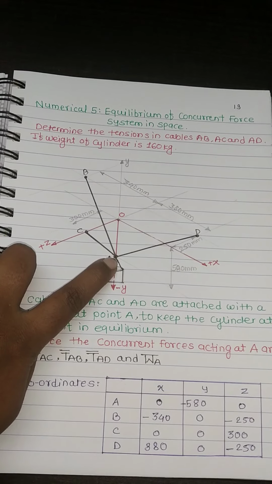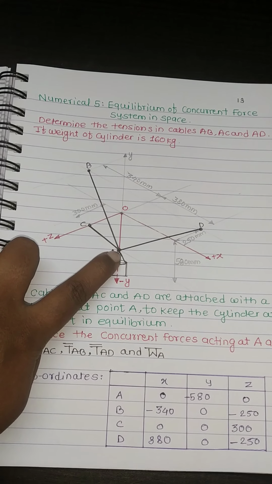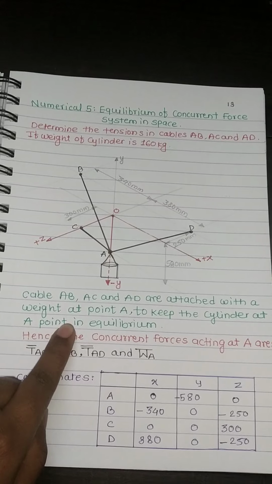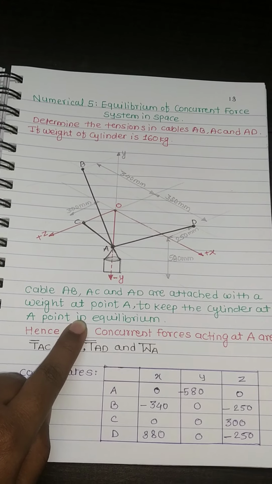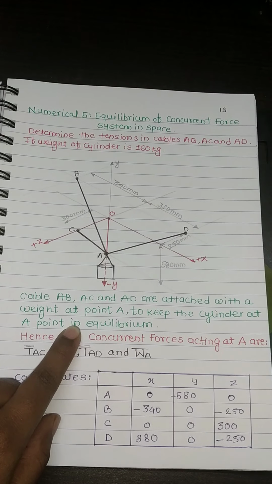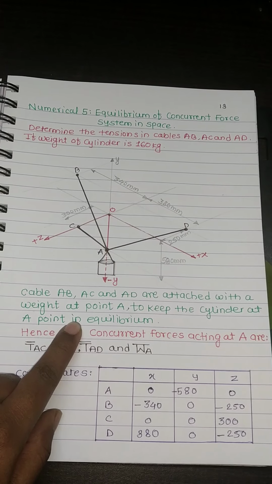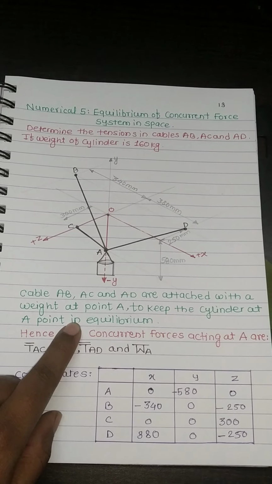So the cables are attached at point A, so the entire system is concurrent at point A. To keep the cylinder at point A in equilibrium, the cables are attached, so we can say that summation Fx is equal to 0, summation Fy is equal to 0 and summation Fz is equal to 0.